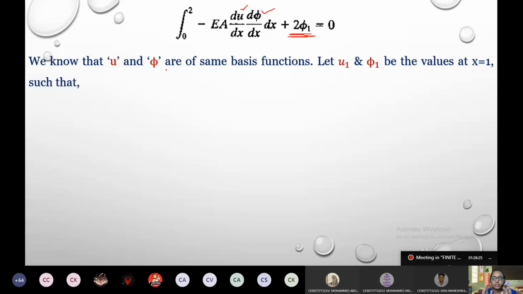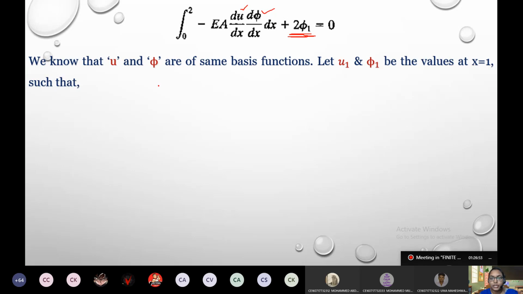Now the specific boundary conditions are the same, so you don't have to go for two different arbitrary constants. We will go for the same basis function to form both the equations, keeping in mind that at x is equal to 0 and x is equal to 2, the equations of u will become 0, and equations of phi will also become 0.